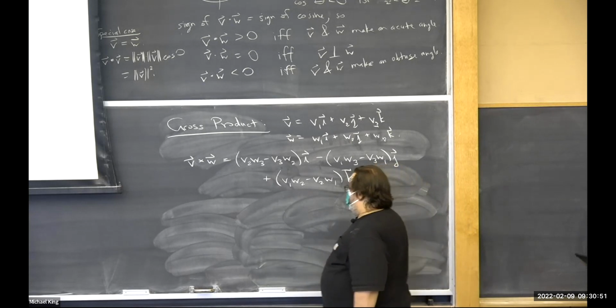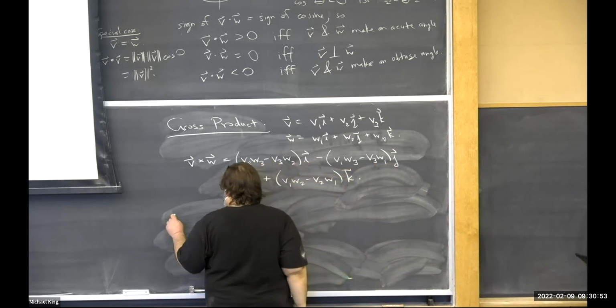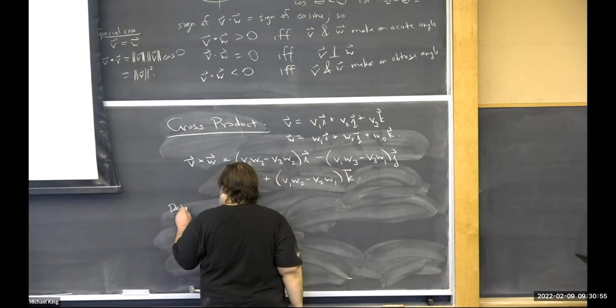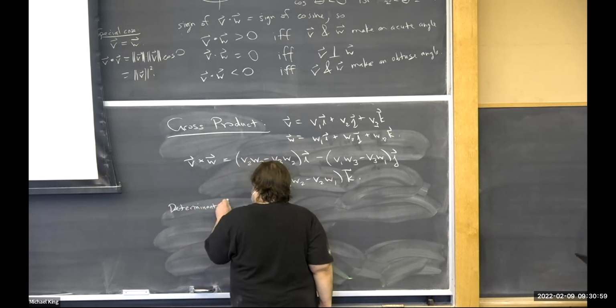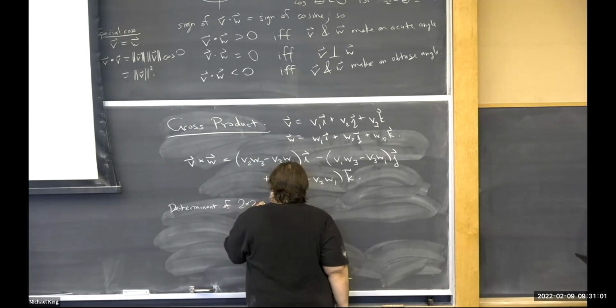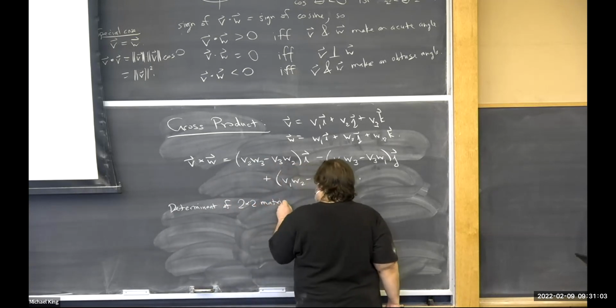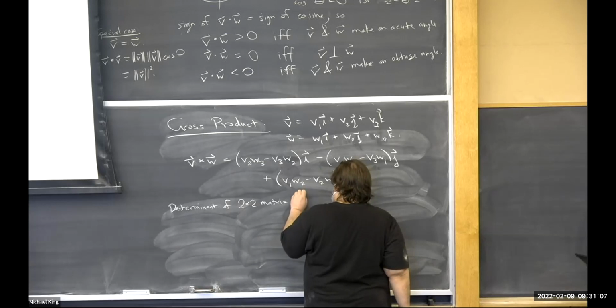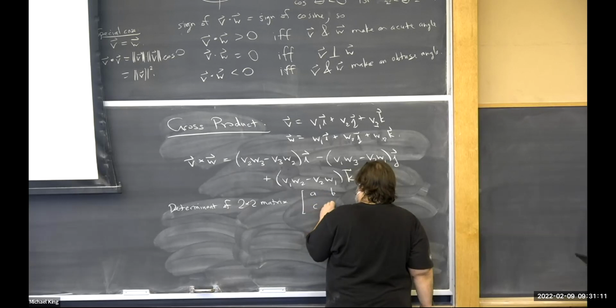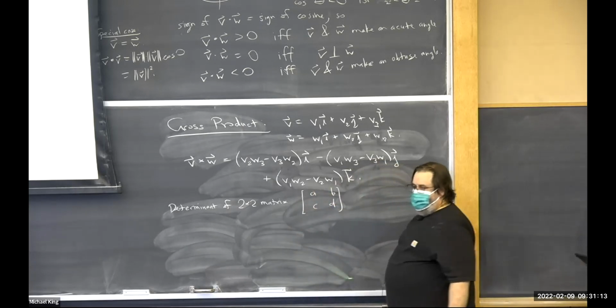If you've ever heard of the determinant of a 2x2 matrix, you might have seen it, but you don't have to have seen it. If you take linear algebra, you'll learn a lot about it. A matrix is just an array of numbers.